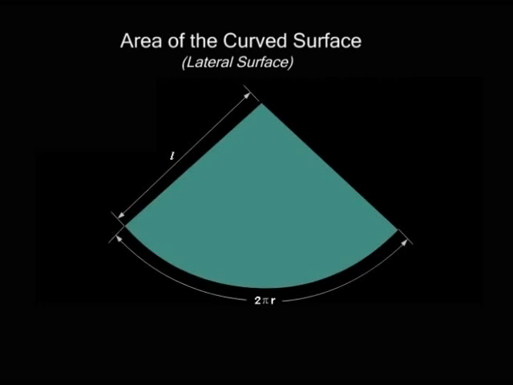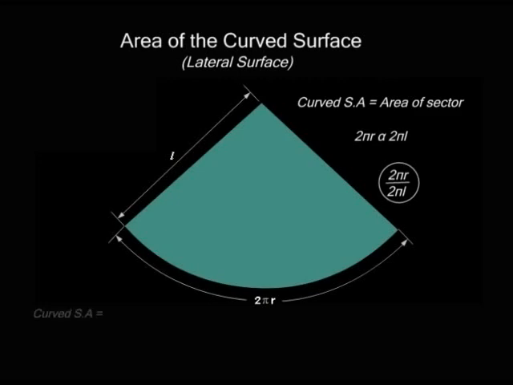Curved or lateral surface area of a cone is equal to the area of the sector, which is a fraction of the area of a circle. The arc length is also a fraction of the circumference of the circle. This fraction will be 2 pi r over 2 pi L because the full circle will have a radius L. Lateral surface area is equal to arc length over circumference times the area of the circle.